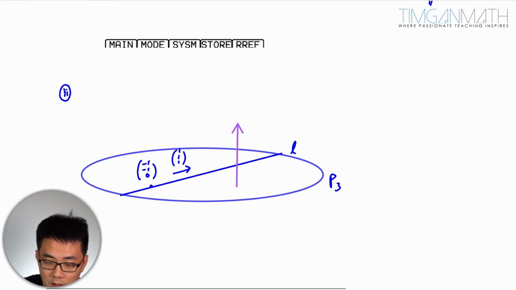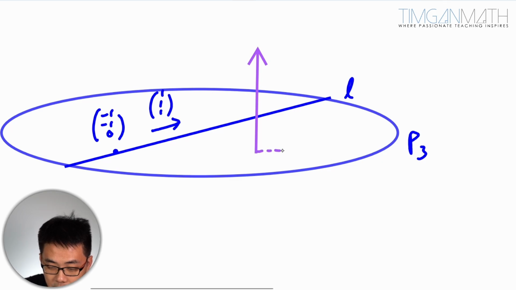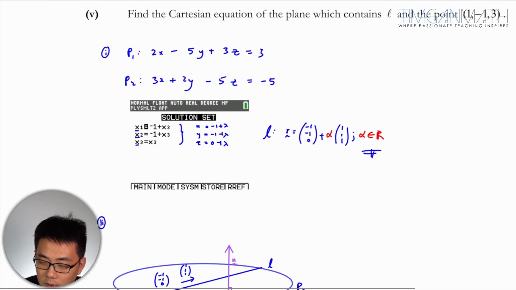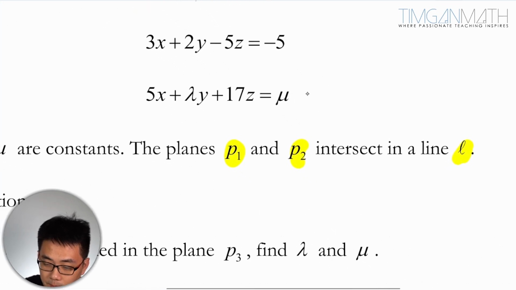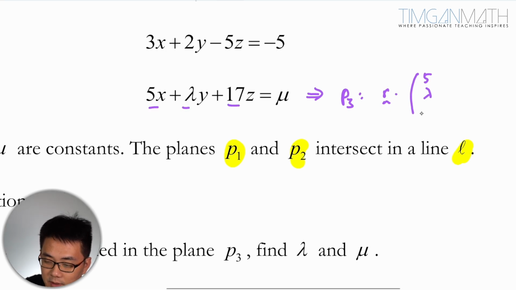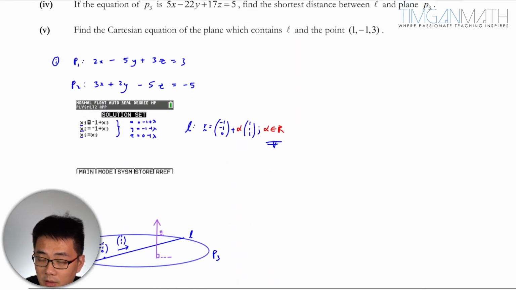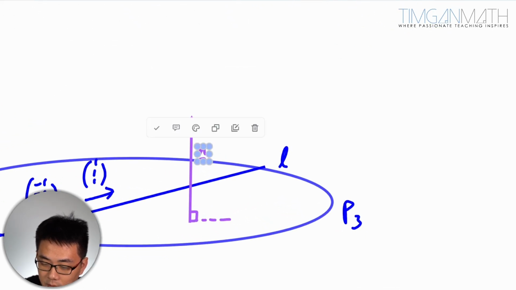In scalar product form, plane 3 is r dot (5, lambda, 17) equals mu, so the normal is (5, lambda, 17).